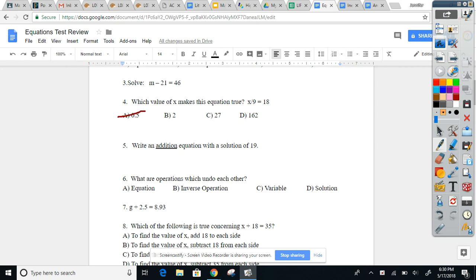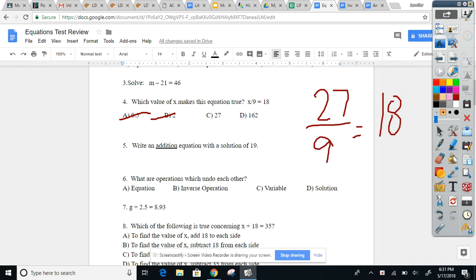All right, let's look at B. If I plug it in, 2 divided by 9 equals 18. Does that make any sense? I don't think so. Okay, so I don't think that B is our answer either. Let's plug in 27. 27 divided by 9 equals 18.